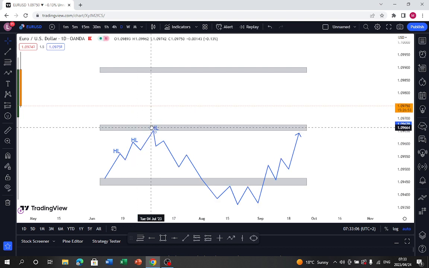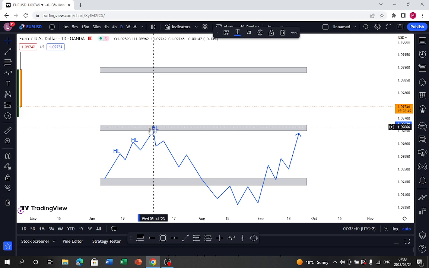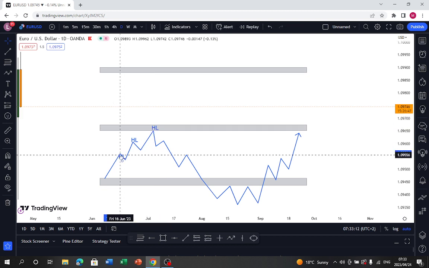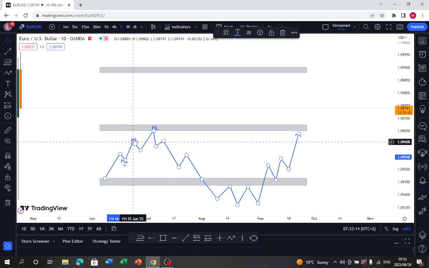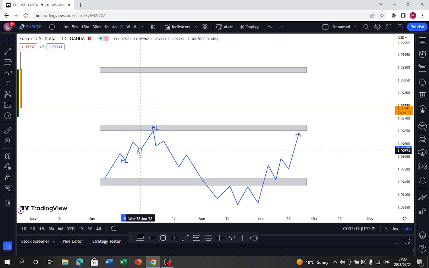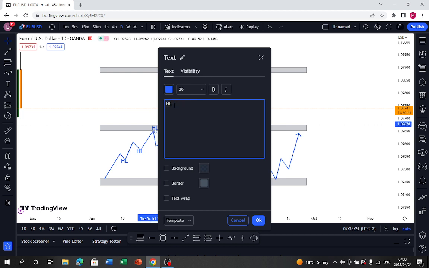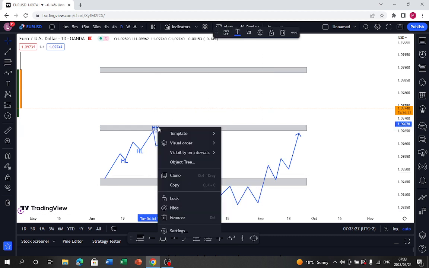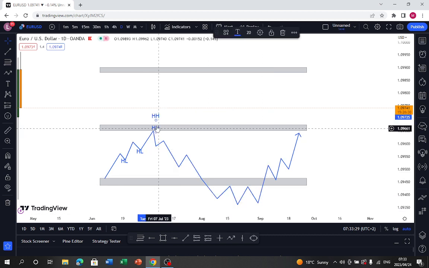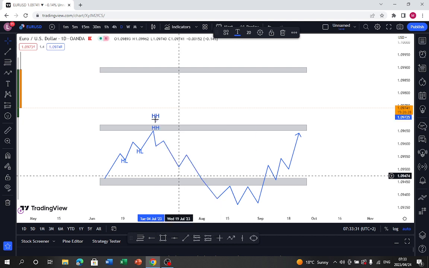This one it's higher lows. This goes right here, higher lows. Then here at the top, it's higher highs, it's creating higher highs.